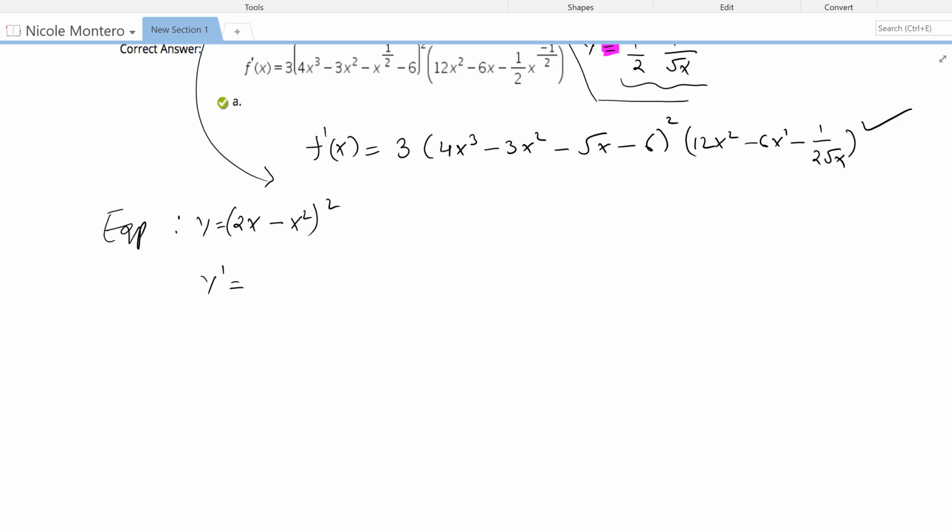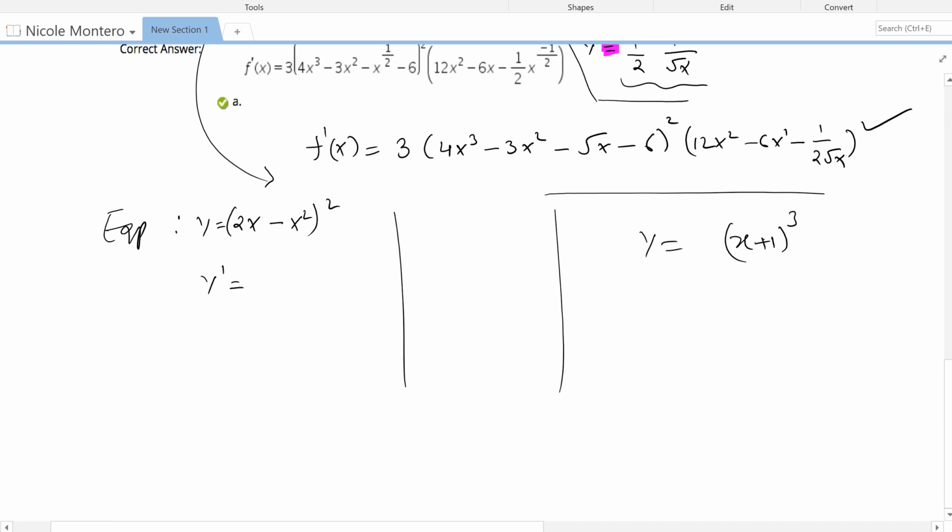That's the standard process. Let me give you an even simpler example. If you have x plus 1, let me make it cube this time. What would be the derivative of x plus 1 whole cube? You follow the same steps that you do for x cubed.